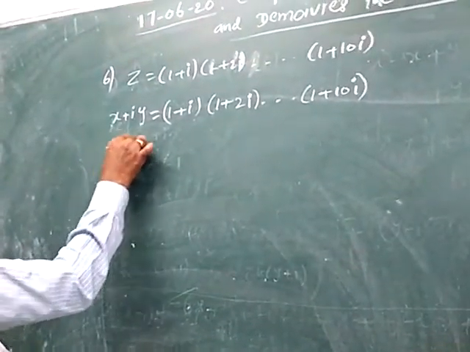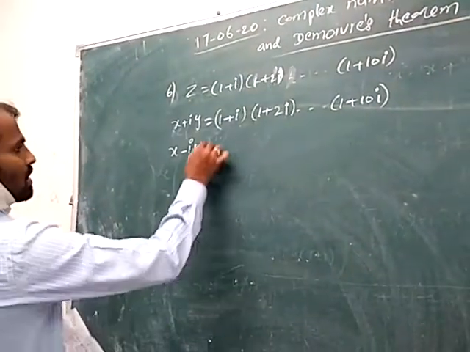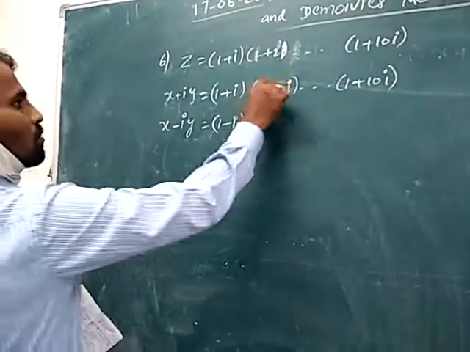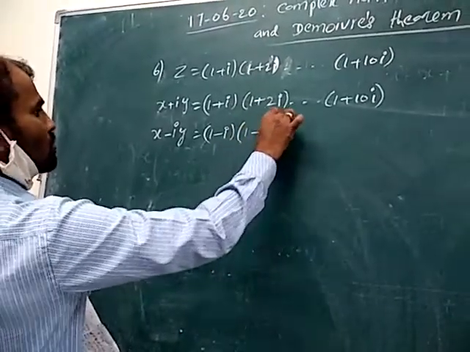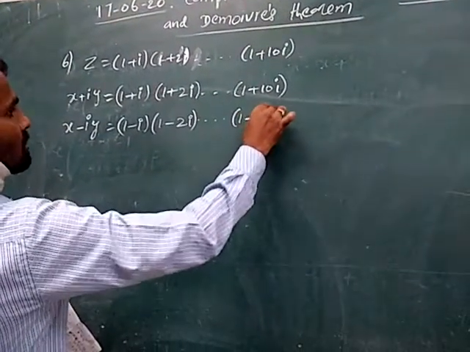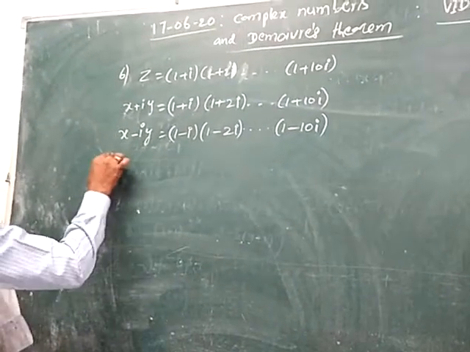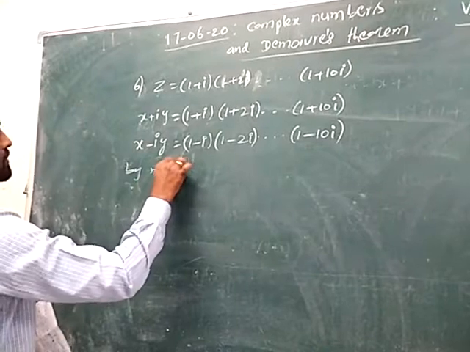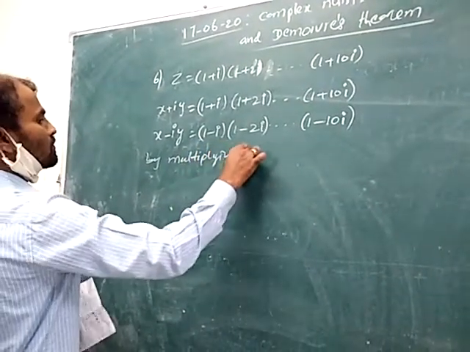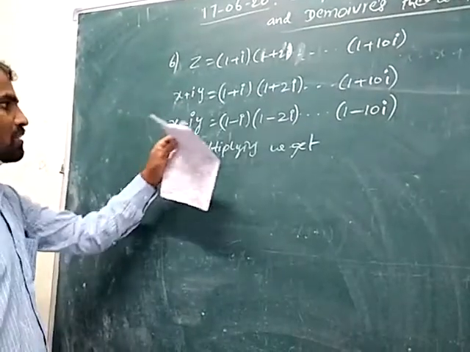Now what is x minus Iy? So x plus Iy, its conjugate is x minus Iy. Here also the conjugates: 1 plus I conjugate is 1 minus I, 1 plus 2I conjugate is 1 minus 2I, and so on, 1 minus 10I. So by multiplying the above we get x plus Iy into x minus Iy.